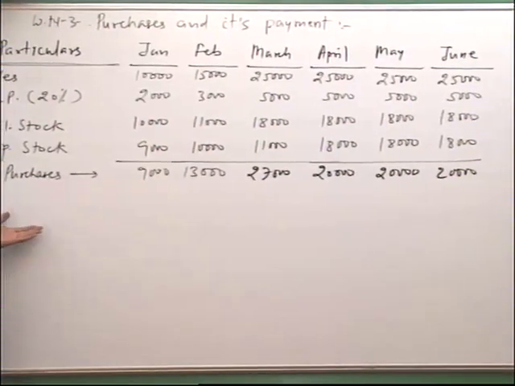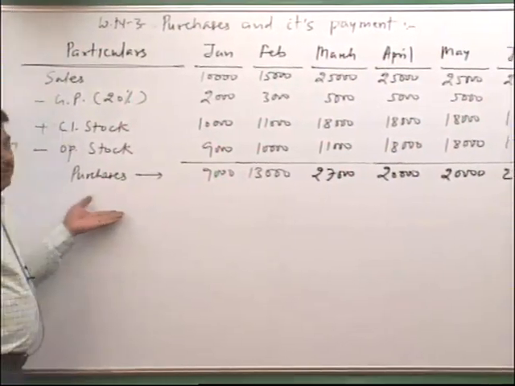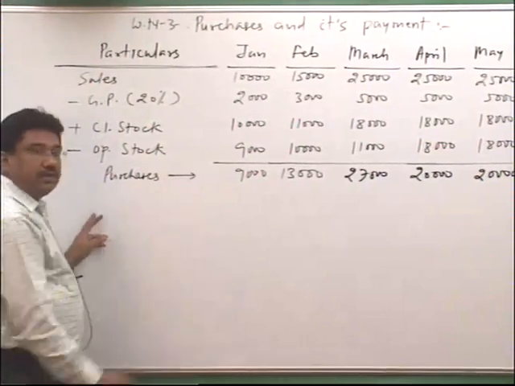So this is the purchases per month, and this purchase is at 1 month's credit.